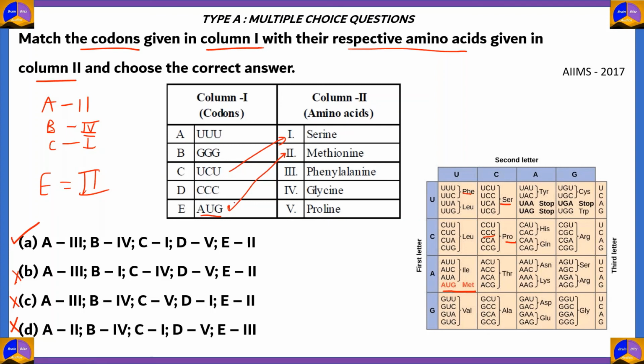So this codon is only specific for methionine. So AUG, methionine, E gives 2. That eliminated option D. And when you look at UCU and find out that it codes for serine, the only option among the remaining 3 that has C gives 1 is option A. So that makes option A the correct option.